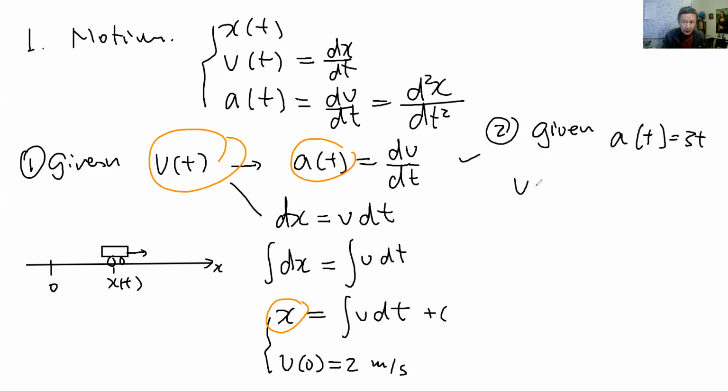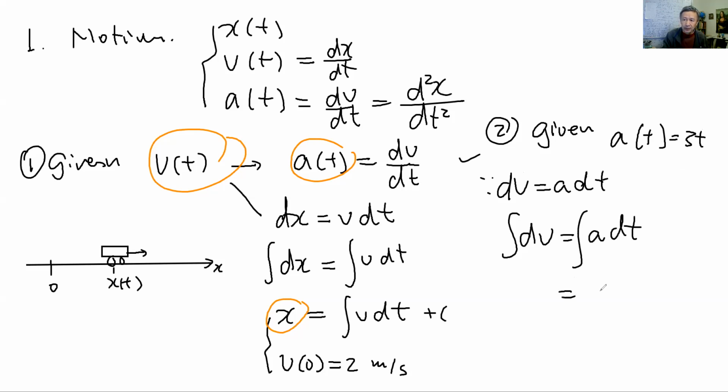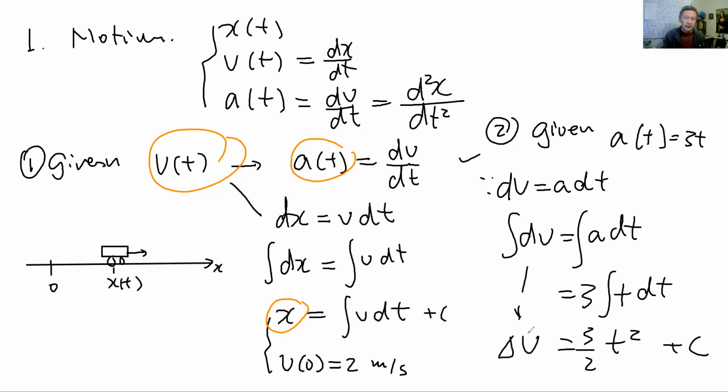You can calculate velocity, because dv equals a dt, so you can integrate on both sides. Now in this case, a is time dependent, but still we have 3t dt. So what is that? It's 3t squared over 2, plus a constant. How about this side? This is delta v, the change in velocity.